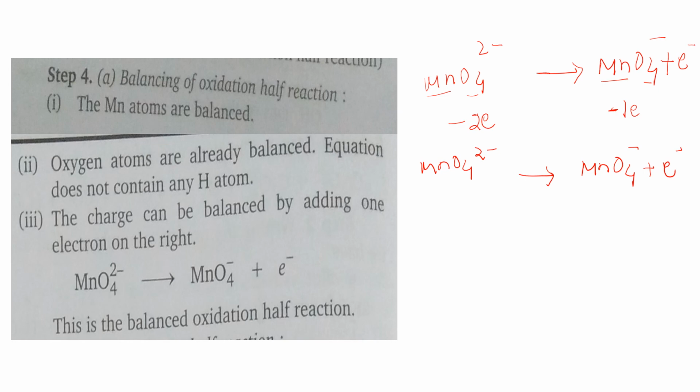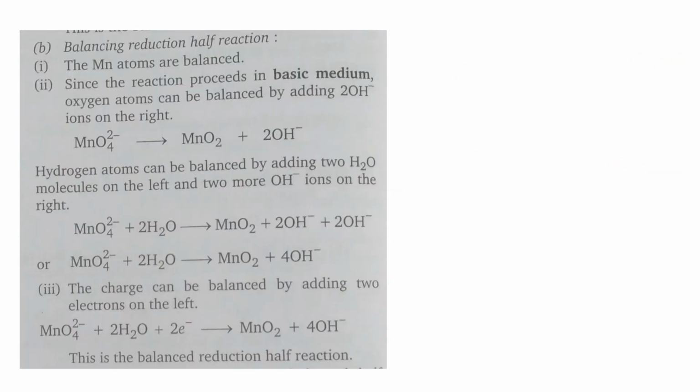Okay. Next, I have to balance the reduction half reaction. Now, for the reduction half reaction, it is MnO4 2 minus. It is giving MnO2. Now, manganese is balanced, no problem. Oxygen, here it is 4, here it is 2. So, I have to add 2 OH minus in the right hand side because the right hand side is deficient.